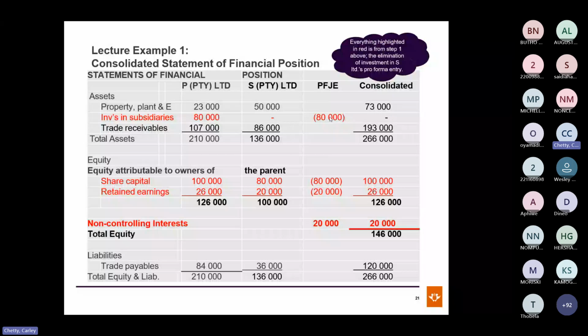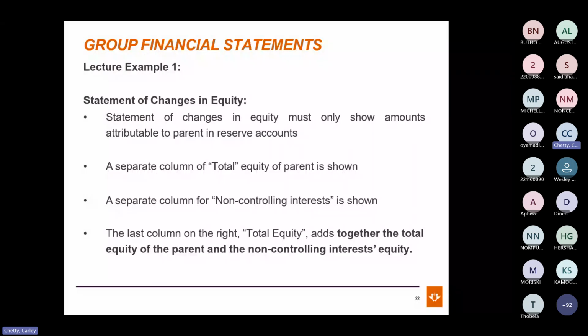It's a good question. So let's now have a look at the statement of changes in equity. So the statement of changes in equity must only show amounts that are attributable to the parent in the reserve accounts. And then we're going to have a separate column of total equity of parent. So we're going to show the share capital, the retained earnings. We're going to show those things that are attributable to the parent.